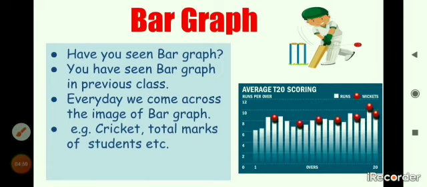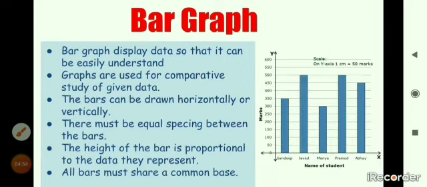Bar graph you already studied in your previous class. Let's revise about it. Bar graphs display data so that it can be easily understood. Graphs are used for comparative study of given data. We can do the studies by observing the graph.